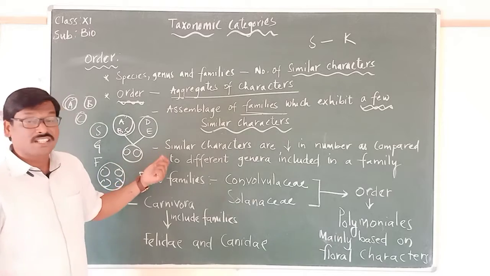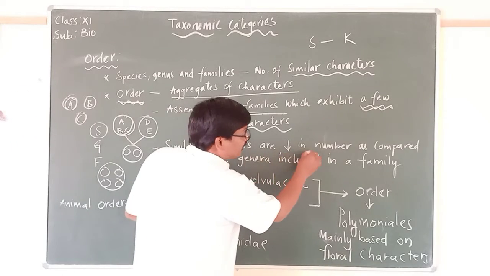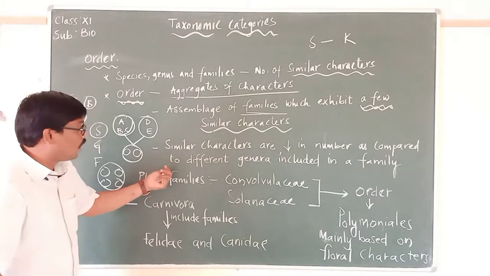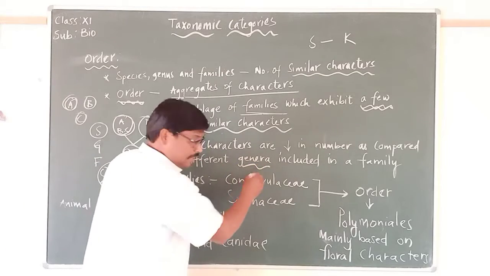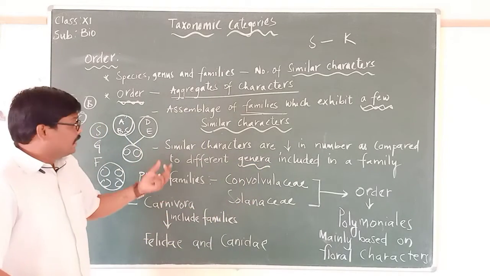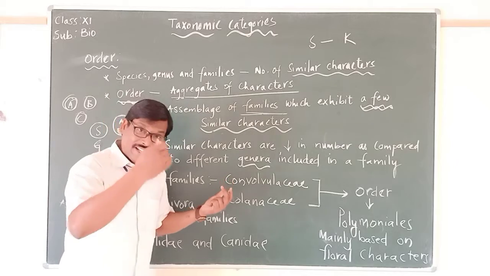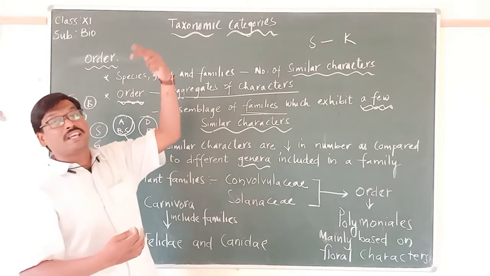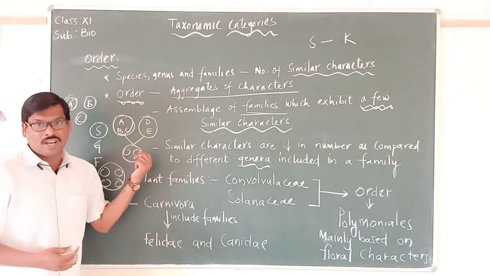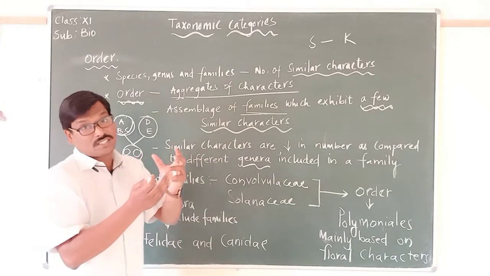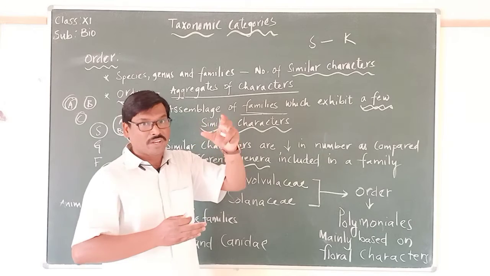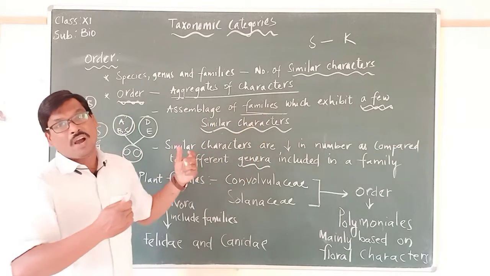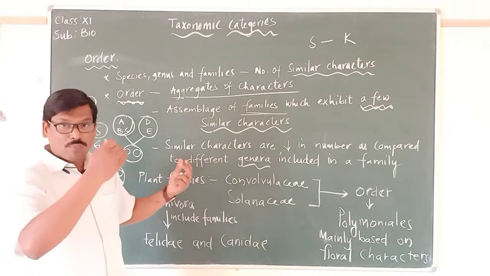The similar characteristics keep decreasing in number as compared to the genera. Already we said this. The number of similar characteristics is more in the genera, but when it comes to the order, they are very few.